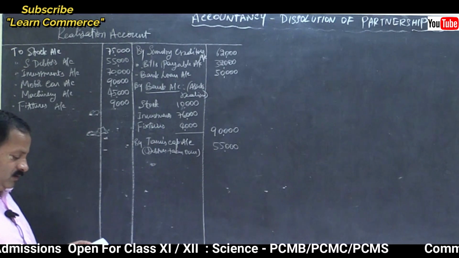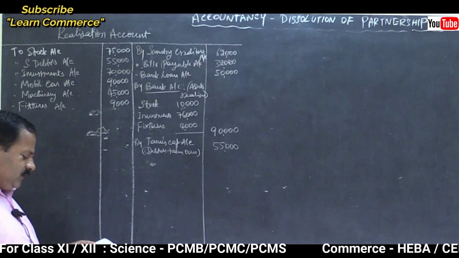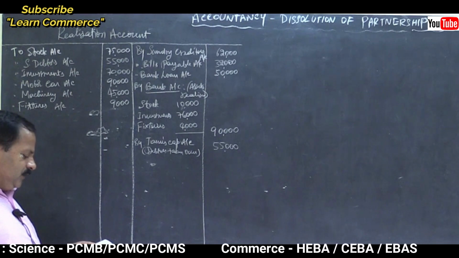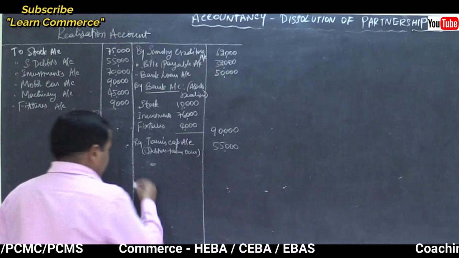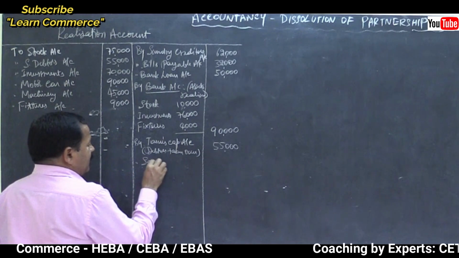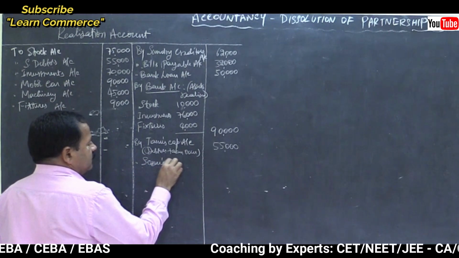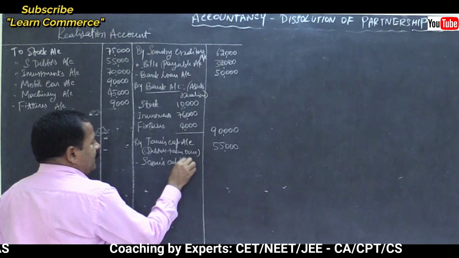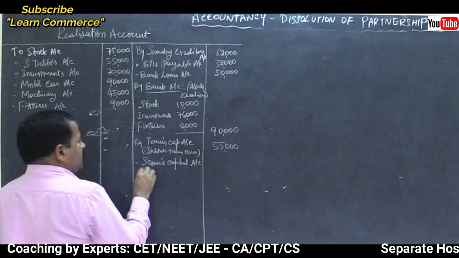Then next one is Sonu's capital account, machinery taken over.